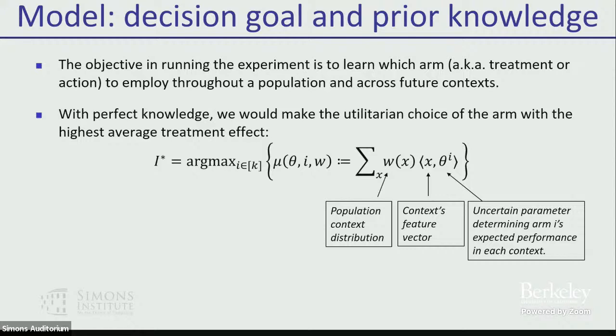And that's therefore maximizing the average, weighing across how often contexts are observed in the population, the performance of this arm in this context, which, making a canonical assumption, I'm going to assume can be expressed through the inner product of a known feature vector associated with the context and an unknown parameter vector associated with the arm.